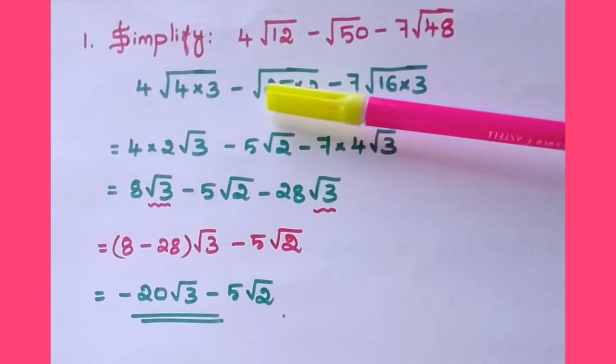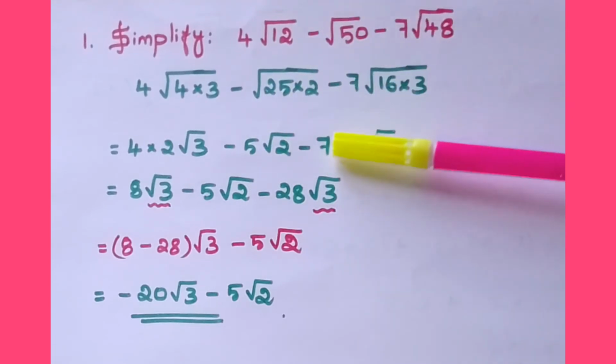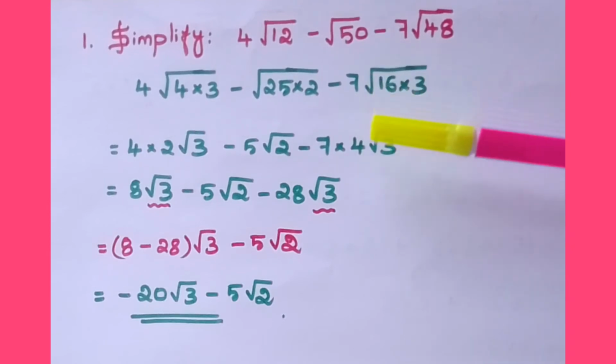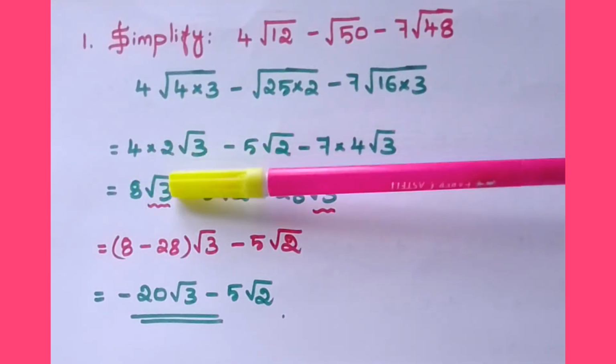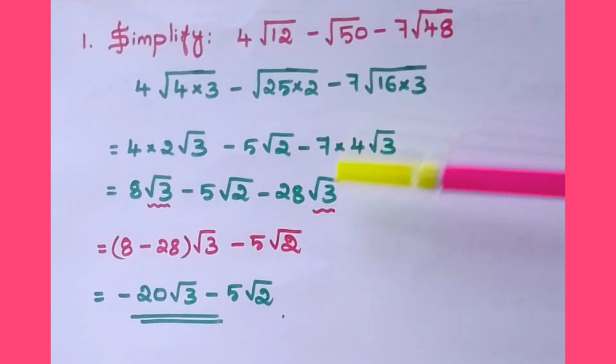Minus root 25, value is 5, so root 2 remains the same. The 7 remains the same. Root 16 value is 4, so take it out, and the remaining is root 3. So you can multiply these two whole numbers: 4 twos are 8, so 8 root 3. Here 5 root 2, and 7 fours are 28 root 3.